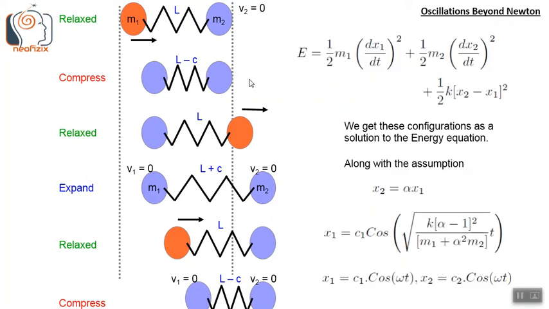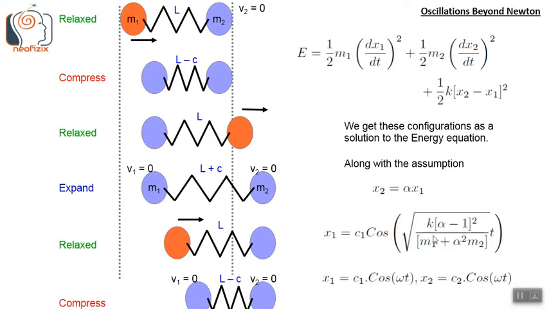We get these configurations as a solution to the energy equation here, along with the assumption x2 is equal to alpha x1, where alpha is some proportionality constant between these two variables x2 and x1, which represent the position of the masses.